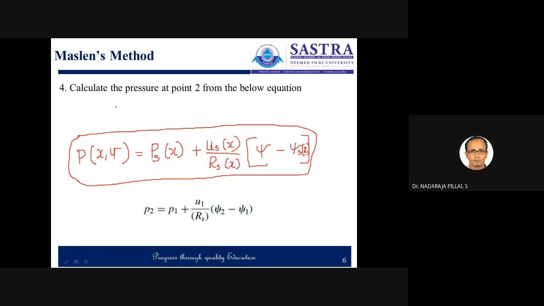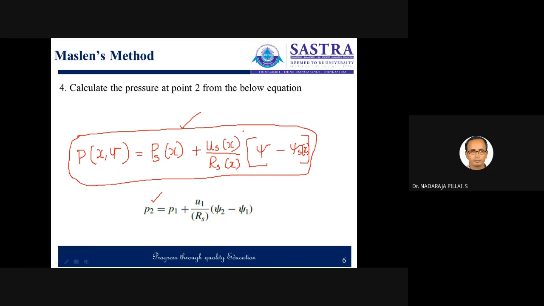So all the other physical quantities can be calculated, right? So this is the fourth step. The pressure at point 2 can be calculated, because I hope you remember this from when we derived it in thin shock layer theory. Right?